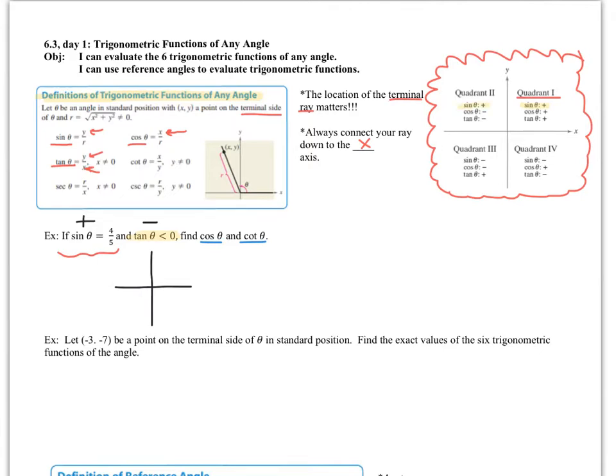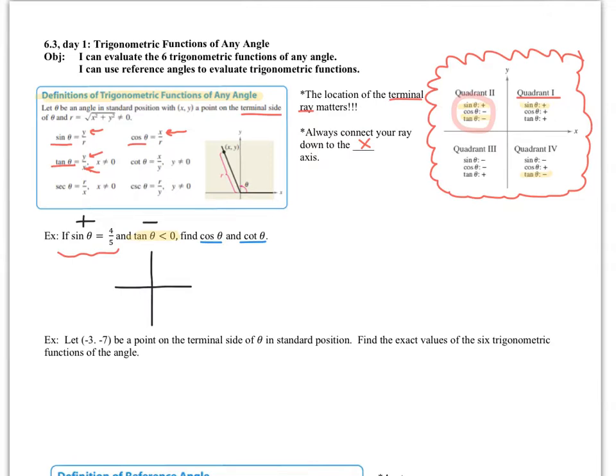But tangent is negative in 2 and 4. So if we look at that chart, the quadrant where both statements are true is going to be quadrant 2 over here on the left. What that means is that's where we're going to draw our triangle. So that means theta is rotating all the way over into quadrant 2.